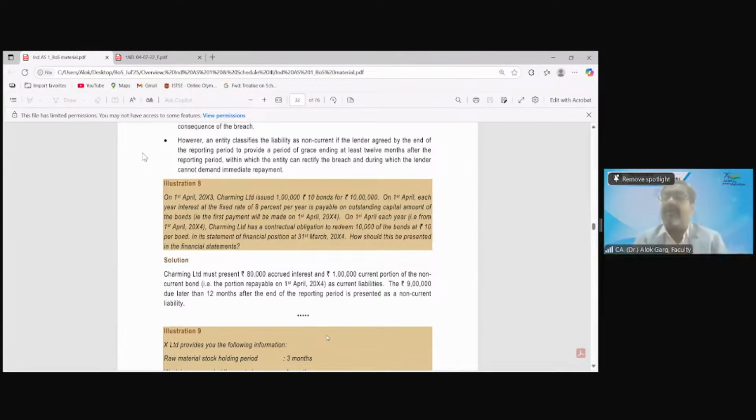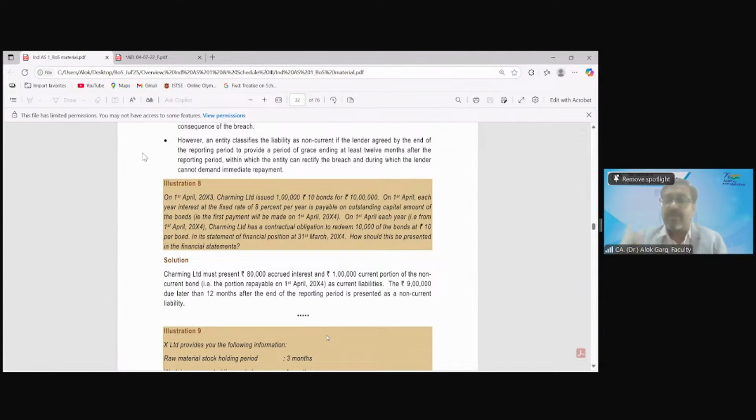When the vendor comes to me for the payment, for example, after 2 months from the date of purchase, I will say that, listen, in this contract there is a condition. The condition is I have to pay you after 15 months. So whether you have any unconditional right to defer the settlement, if you don't have any unconditional right to defer the settlement, then it is a current liability.